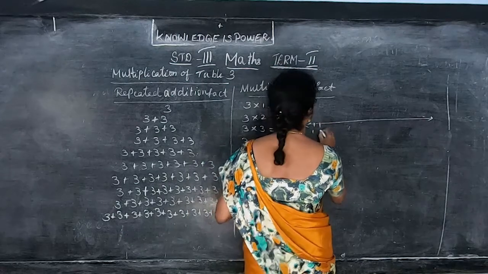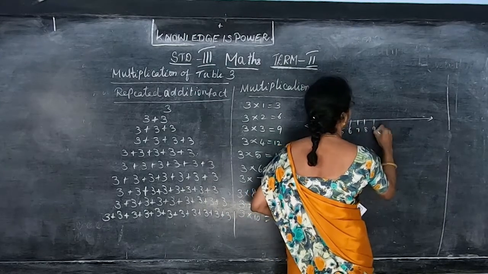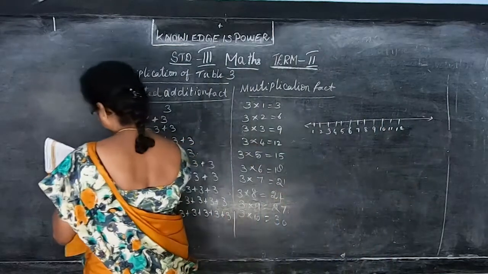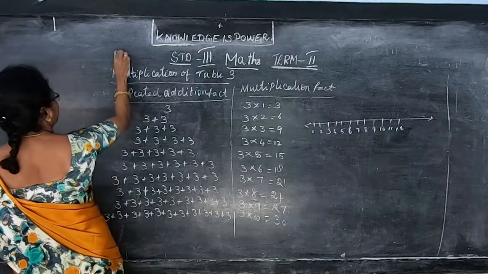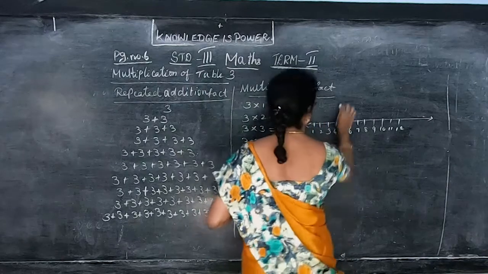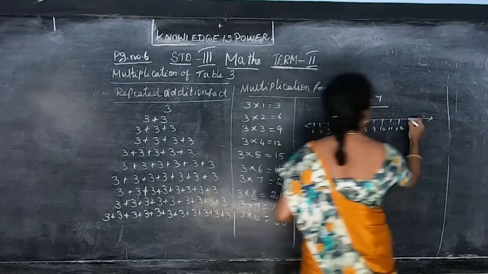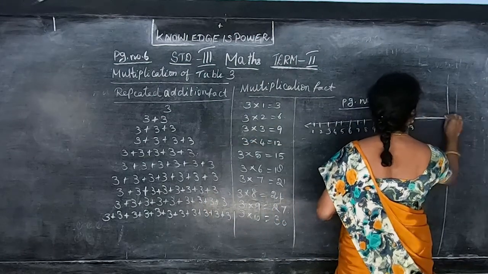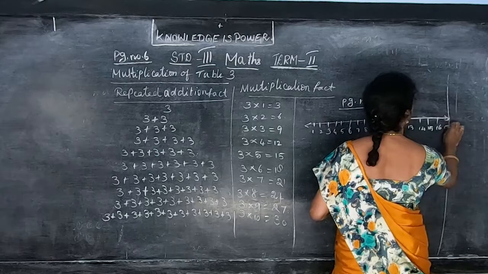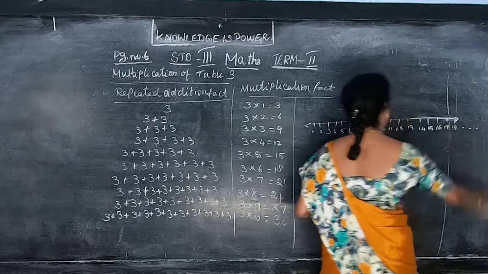So 1, 2, 3, 4, 5, 6, 7, 8, 9, 10, 11, 12, 13, 14, 15, 16, 17 and 18. So up to this and so on. So we can write up to 18.